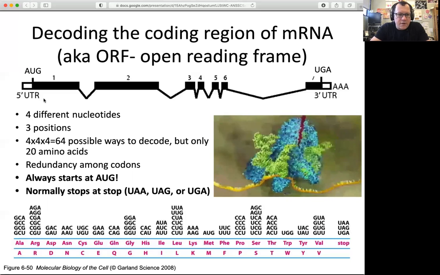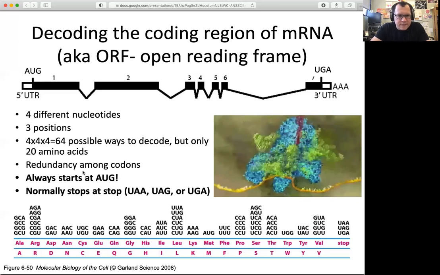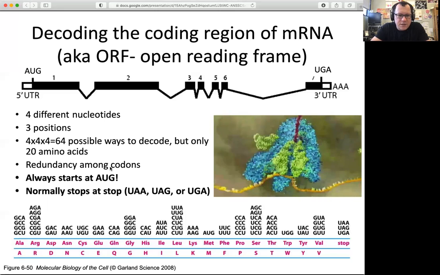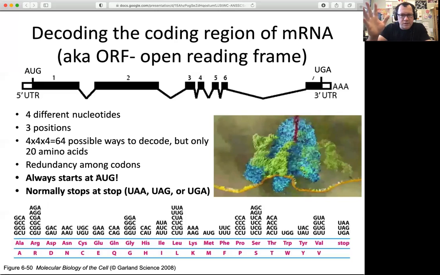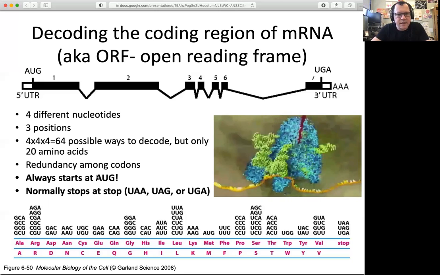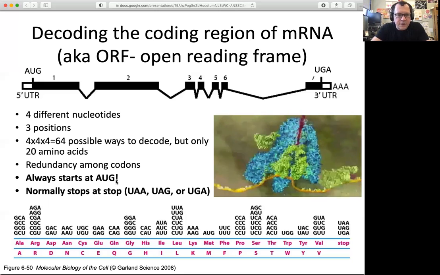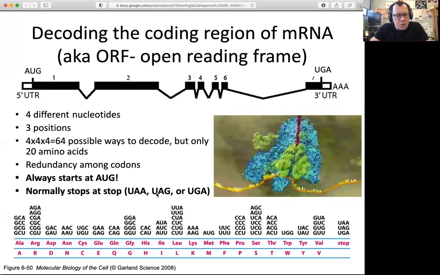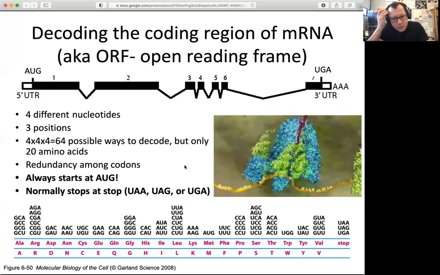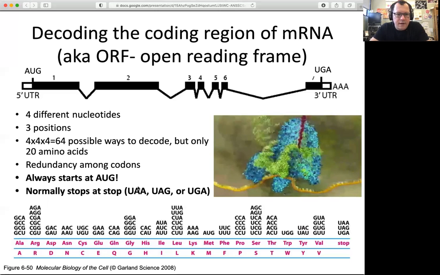AUG, start codon. Okay, so burn this into your brains. This is a critical piece of information that you always need to think about. If someone hands you a messenger RNA sequence and says decode this thing, always look for the start codon. If there's not a start codon, 99.9% of the time that messenger RNA is not going to be decoded into protein.